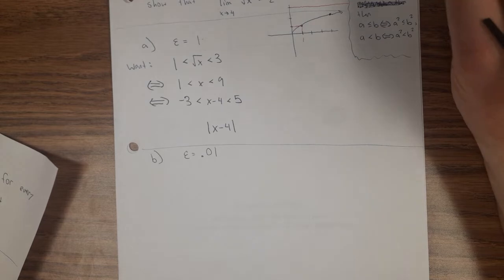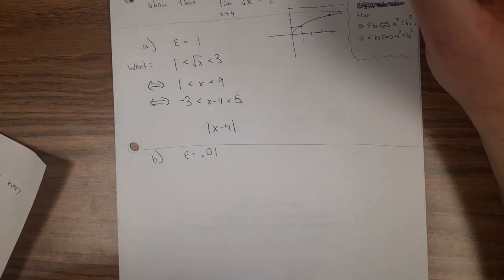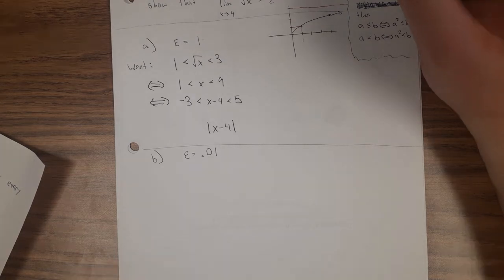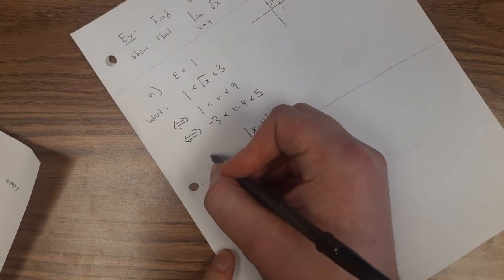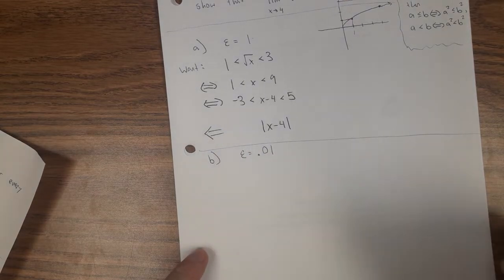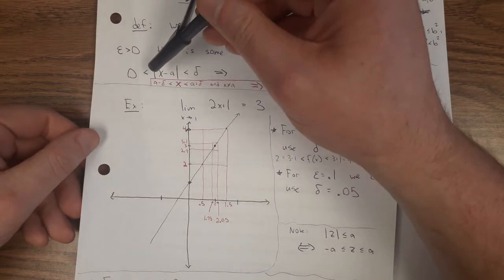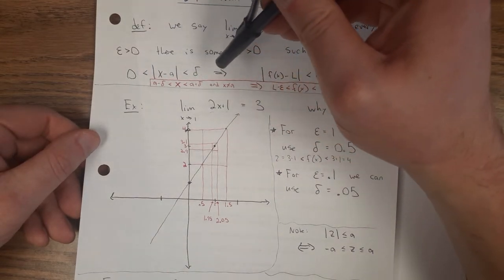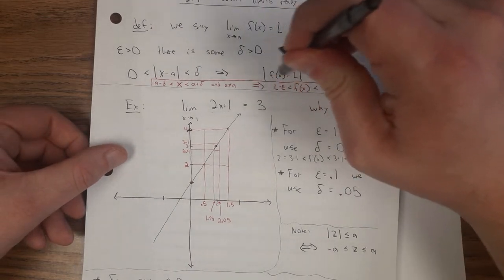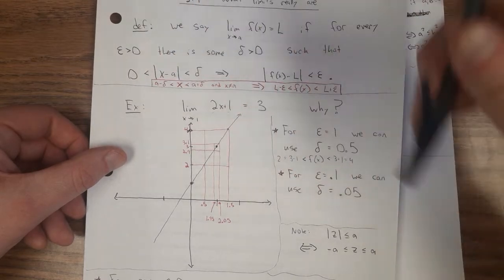Now let's talk about how to put the absolute values on. And what do we need to be true? Keep in mind, according to the definition, I only need this to imply this. I'm doing this a bit backwards because I started with this statement, and I'm going to end with this statement.